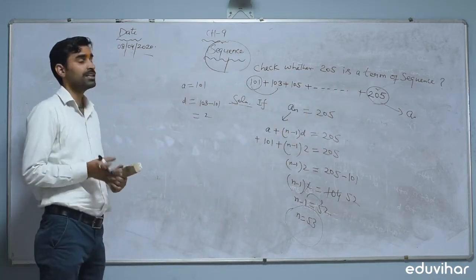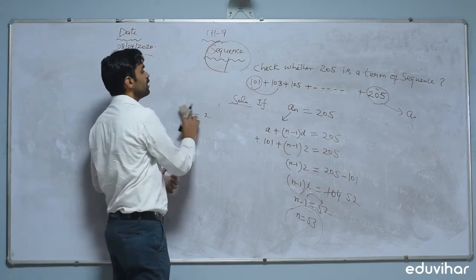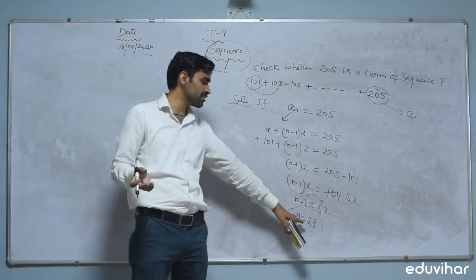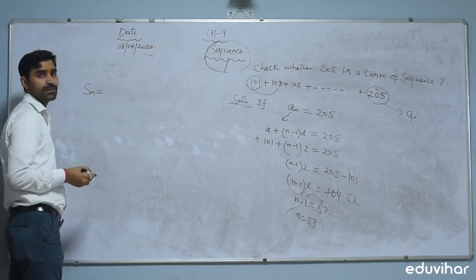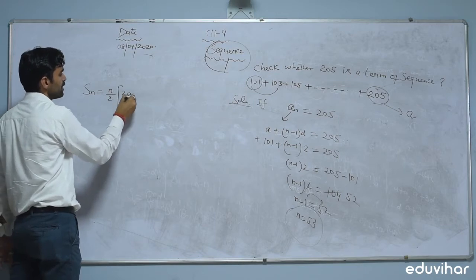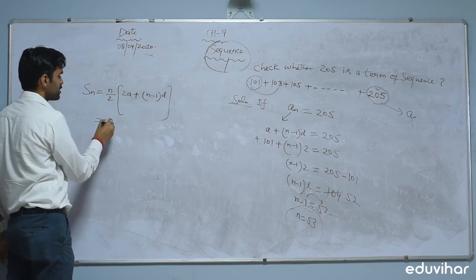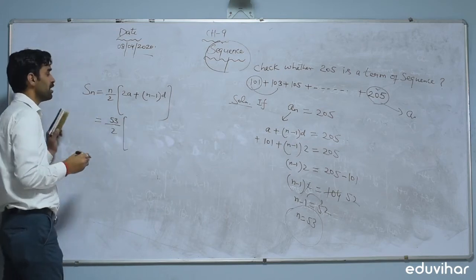Now the next question: if we have to find the sum of the sequence, then as we have already found the number of terms, 53, we can use it in the formula for the sum of n terms of the AP, which is n by 2 times (2a plus (n minus 1) into d). Here the value of n is 53, so we get 53 upon 2.